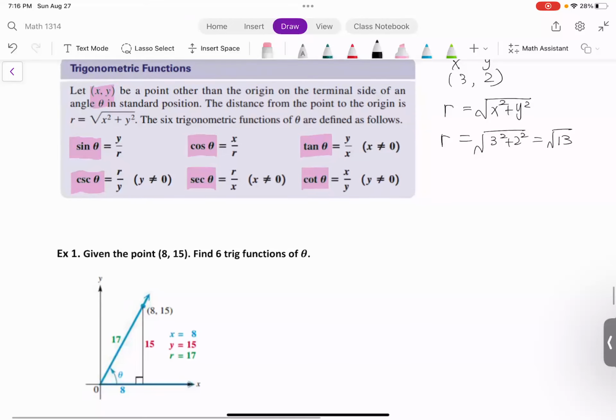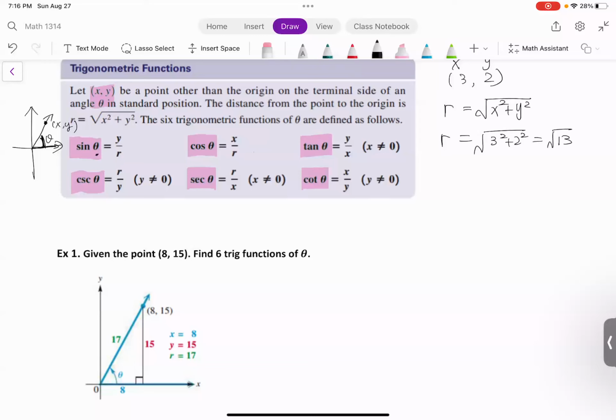So sine theta. Theta is the angle created by the rotation. For example, on the xy plane, here is the initial side, and this is my terminal side. This is theta, and this is a point on the terminal side. We call it x, y. So sine theta equals y over r.